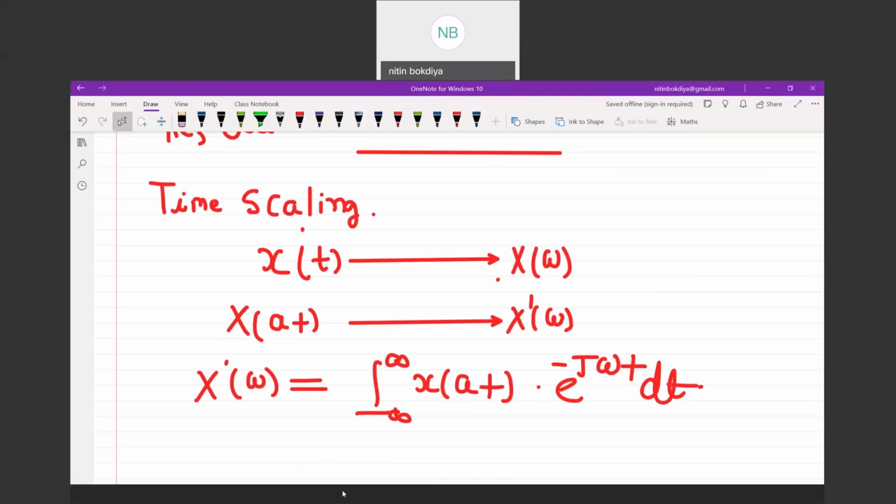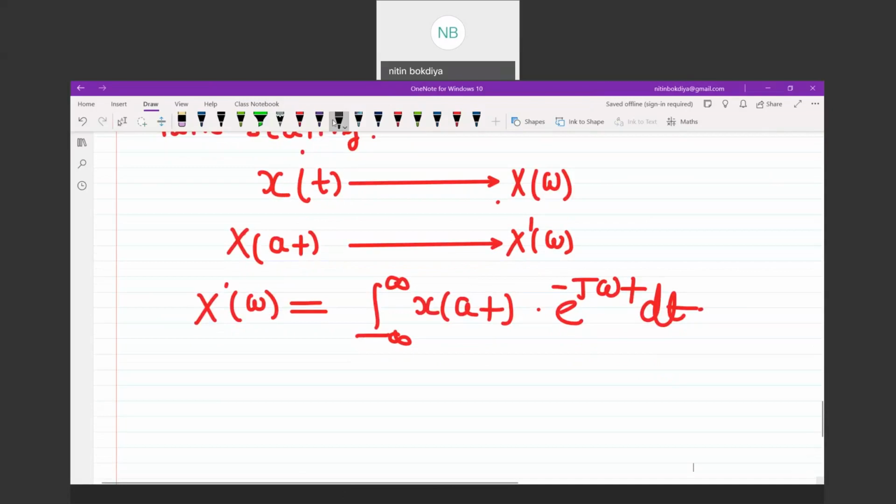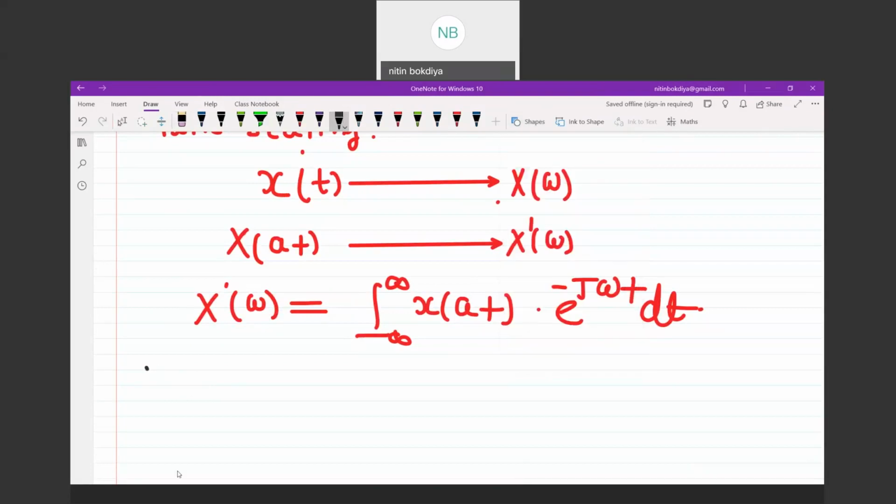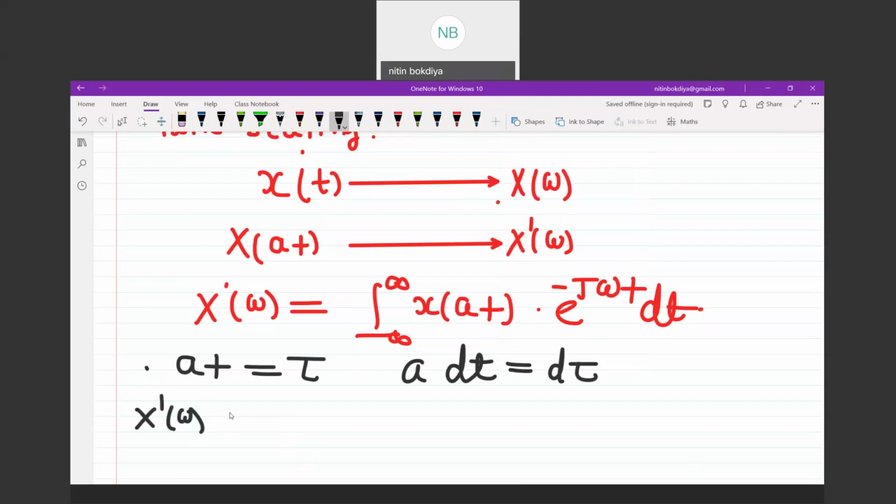If this is so, I am taking a into t equal to, let's say, tau. So can I say a into dt is equivalent to d tau? And when t equals infinity, tau also approaches infinity. So no issue about this.